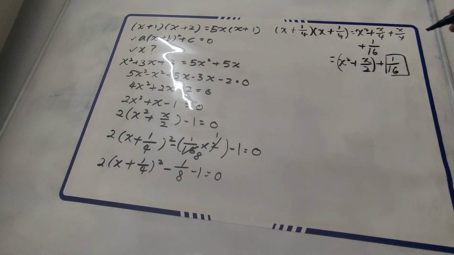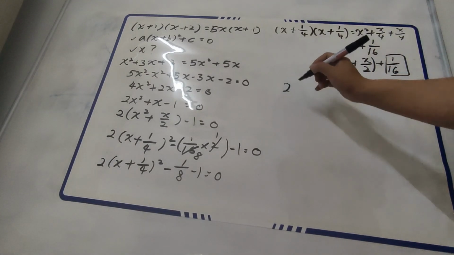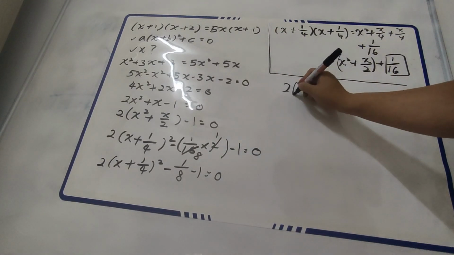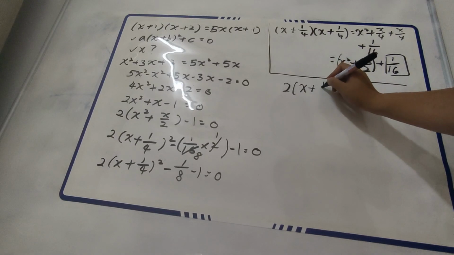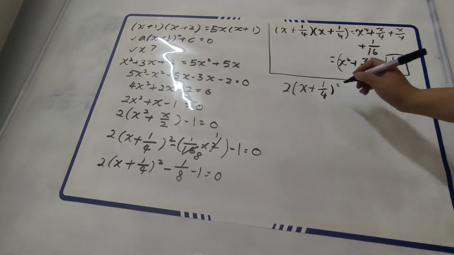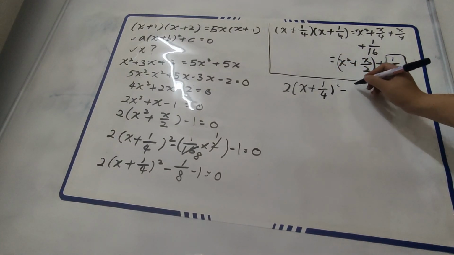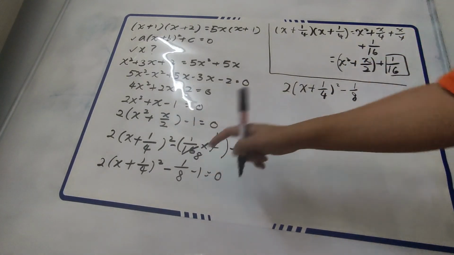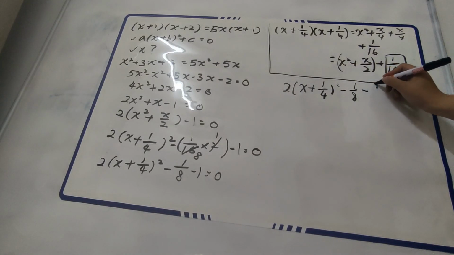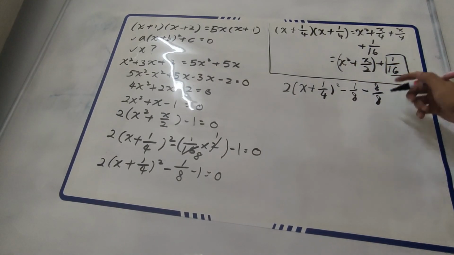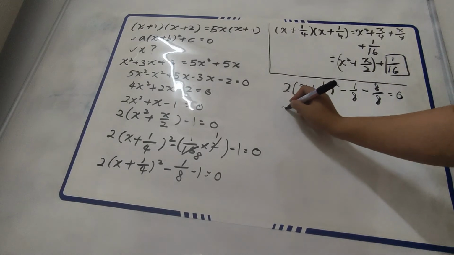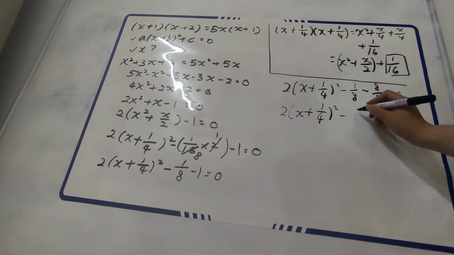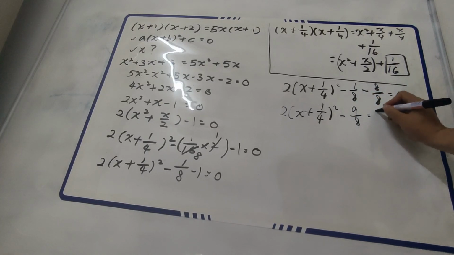You have 2 (x plus quarter) squared minus, I do some extra here. The 1 here, actually you can write in this term, minus 8 over 8, 8 divided by 8 equals 0. Let me write it: 2 (x plus quarter) squared minus 9 over 8 equals 0.